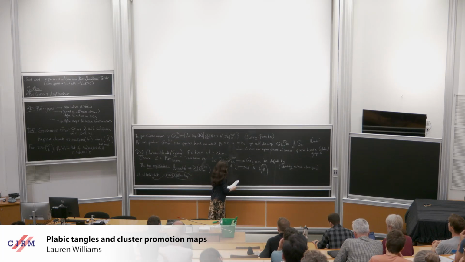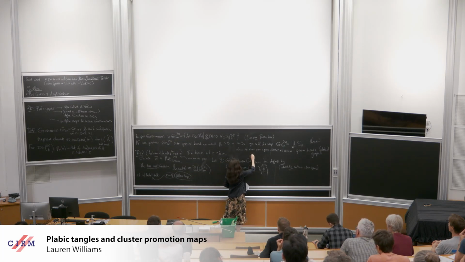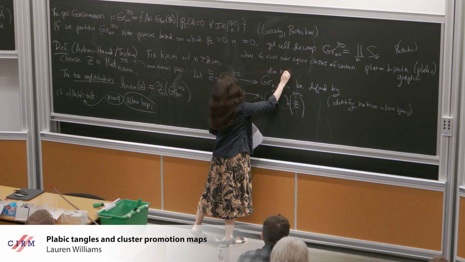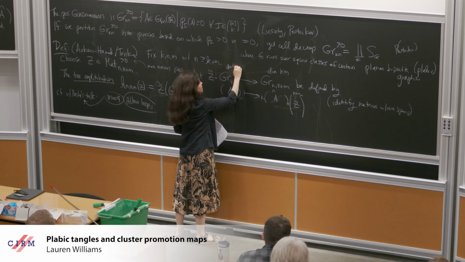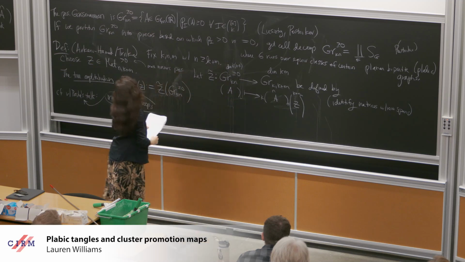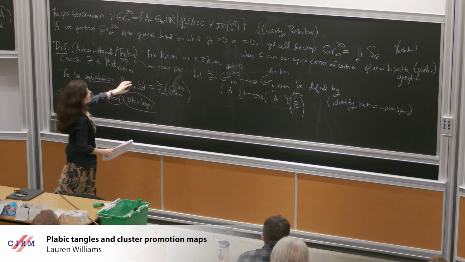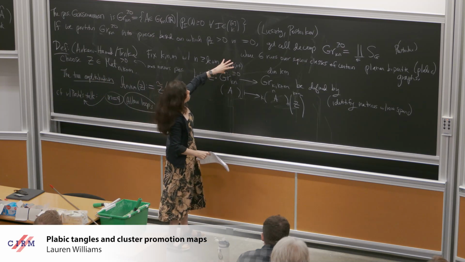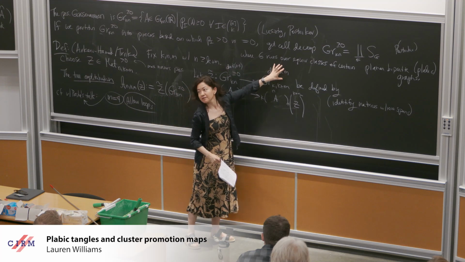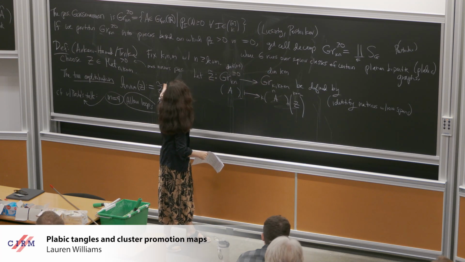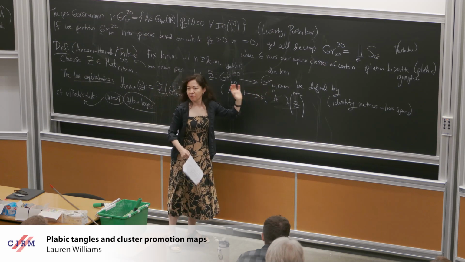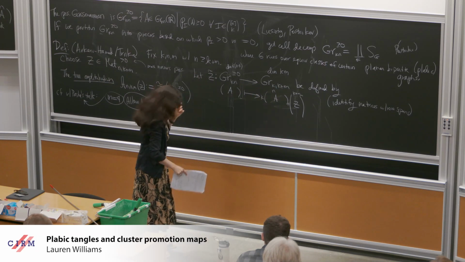So let me just point out that this Grassmannian here has dimension k times m. This positive Grassmannian has dimension k times n minus k. By our constraint that n is at least k plus m, this dimension is in general bigger than this dimension. So this amplituhedron is defined as the image of a surjective map, which in general is far from being one-to-one.